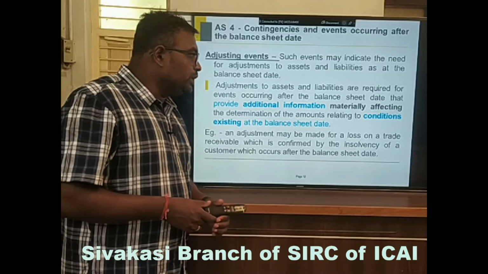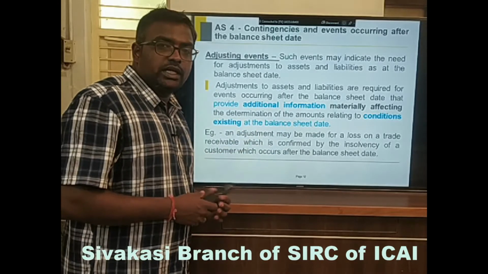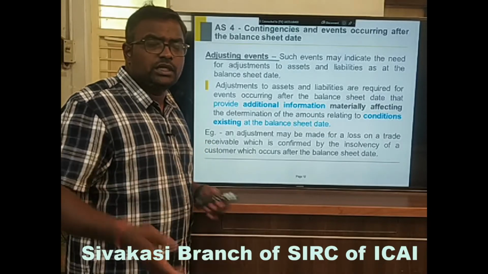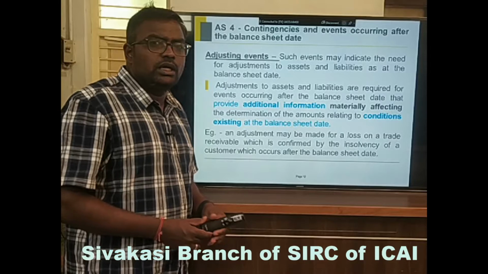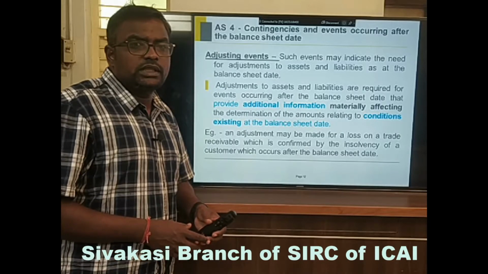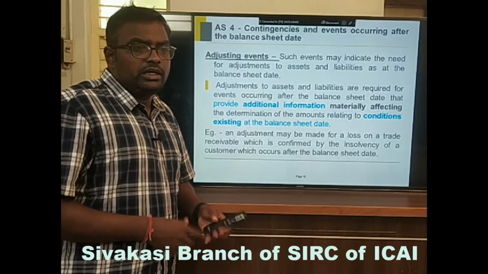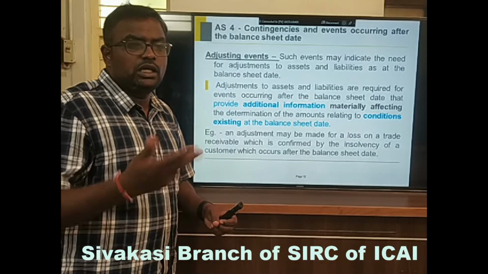So if you want me to give an example, they have already given an example: trade receivables, a debtor died or a debtor becomes insolvent. Say for example, I have a debtor from whom I have to get 1 crore, but due to unforeseen reasons, I see him dead, or I see him in bankruptcy, insolvency.